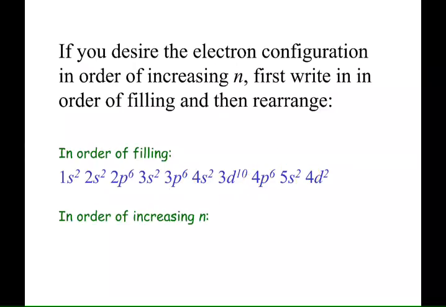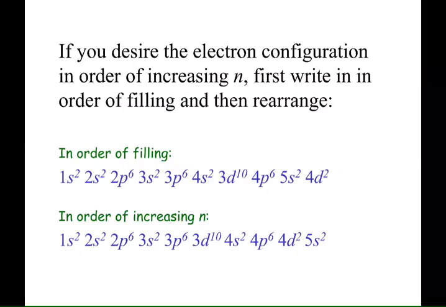So increasing N, same electron configuration, it looks like this: 1s2, 2s2, 2p6, 3s2, 3p6, 3d10, 4s2, 4p6, 4d2, 5s2.